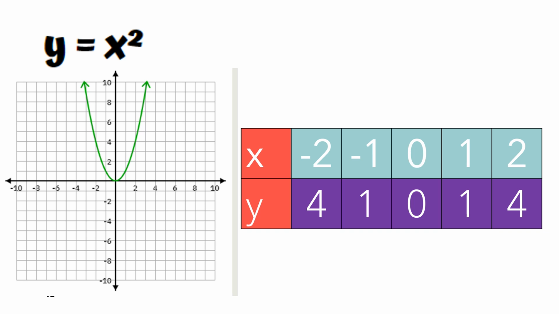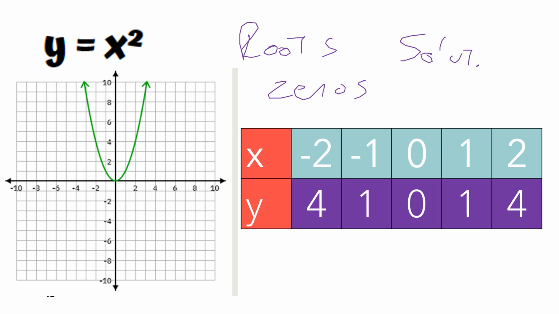This is what your graph should look like, a nice smooth line. Now your solution, or your roots, or your zeros, is where your graph touches or crosses the x-axis. So notice this touches right here at (0, 0). There are a couple of ways to write your solution.